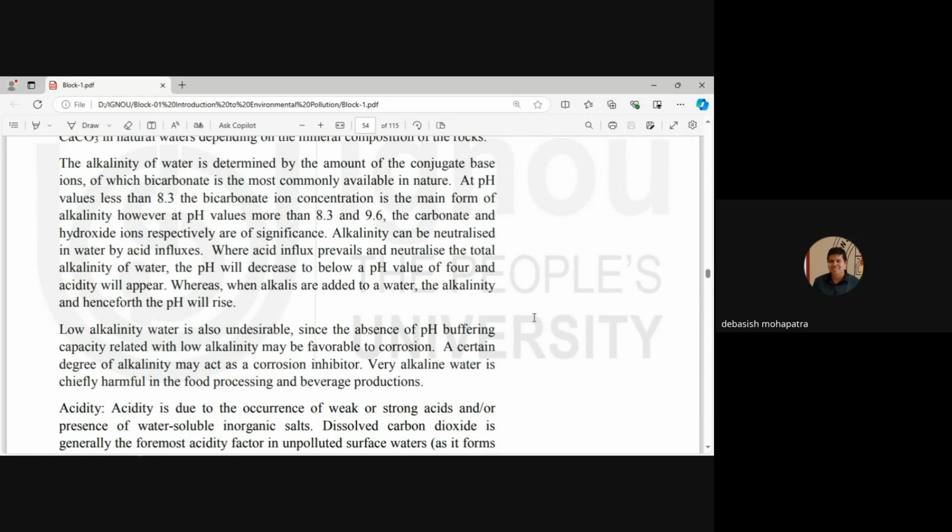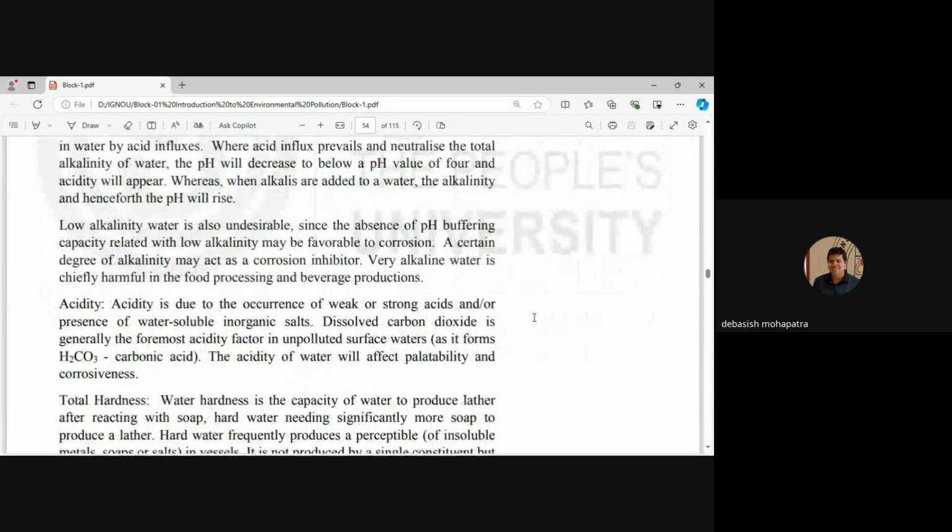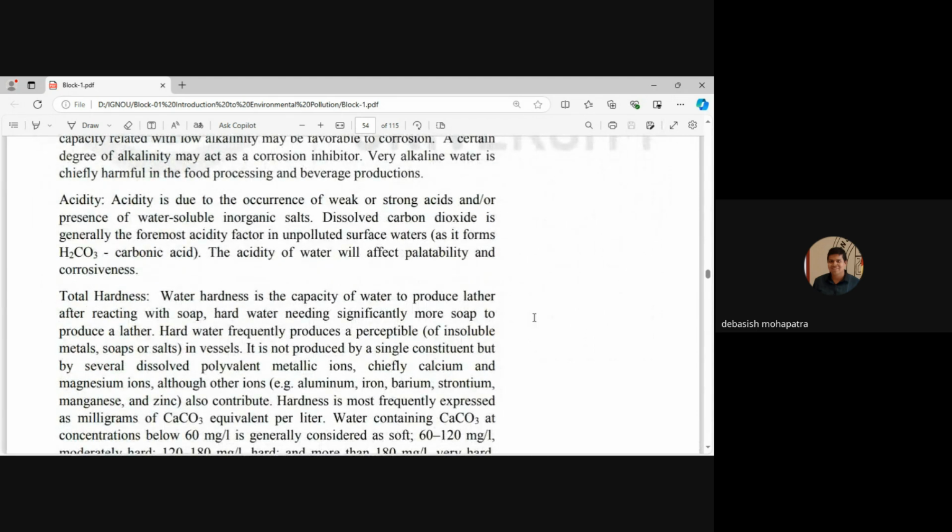Acidity is due to the occurrence of weak or strong acid. Dissolved carbon dioxide is generally the foremost acidic factor in unpolluted surface water, in the form of H2CO3, carbonic acid. The acidity of water will affect palatability and corrosion.